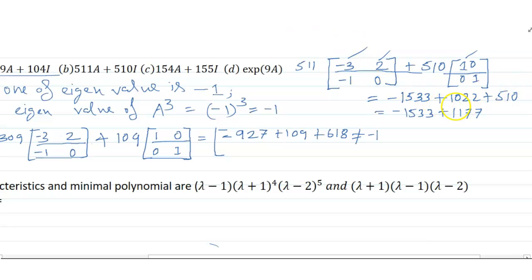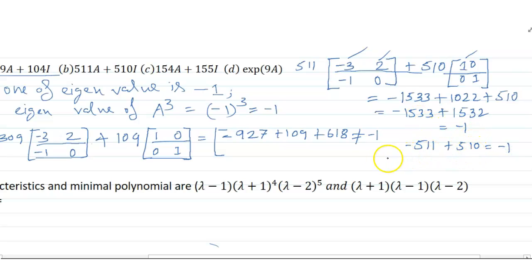So I get 1532 equals to -1. Similarly, you can see that here I get 511 minus 511 plus 510 equals to -1.